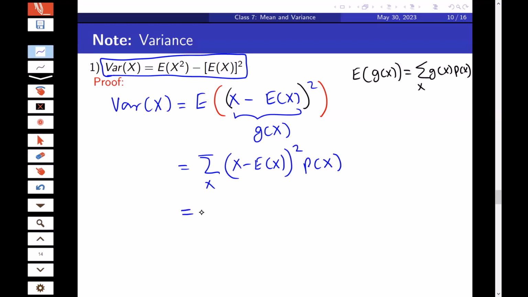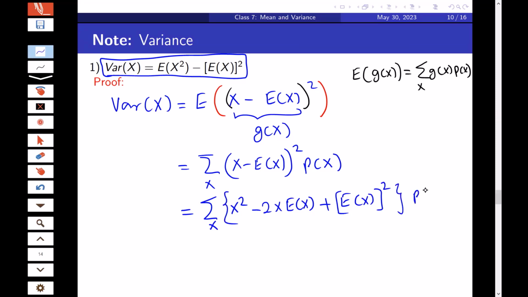Now I can expand this one. This is a binomial term, so you know how to expand it: the sum over x of x squared minus 2x E of x plus E of x, everything squared, and outside of this I have p of x.